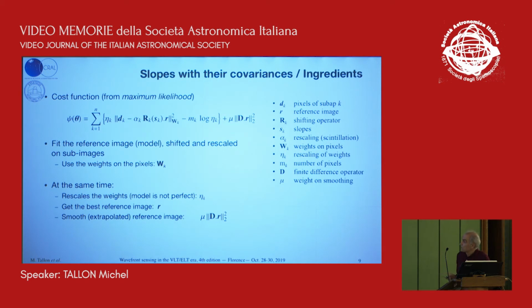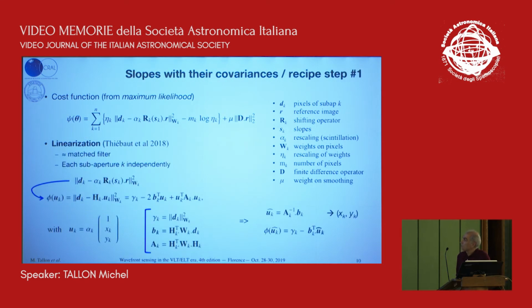So we have to fit that. The first step, very similar to the matched filter, is to linearize the system so that we can solve it. So this part here is linearized, saying that we have a small displacement compared to the expected position, as in the matched filter.